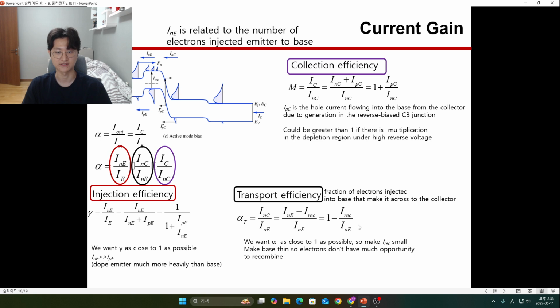And transport efficiency means how well the base will transport current from the emitter.